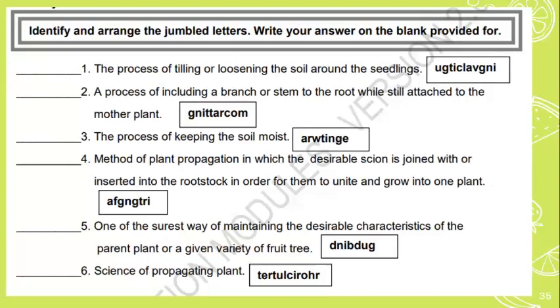Number 5, one of the surest ways of maintaining the desirable characteristics of the parent plant or a given variety of fruit tree. And for number 6, the science of propagating plants.